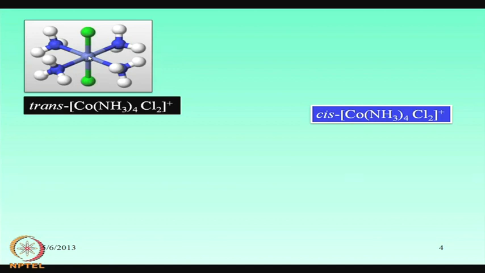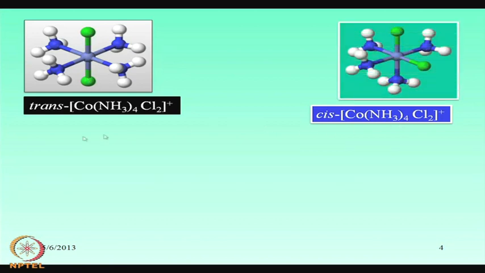You have 4 cobalt-nitrogen bonds in this square plane, and the green spheres bound to the cobalt center, one above the square plane and another below it. Similarly, if we consider this particular square plane, we already have this chlorine atom in it, so these two positions are important.